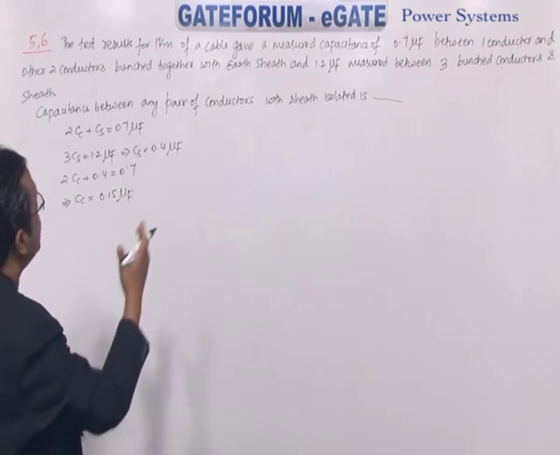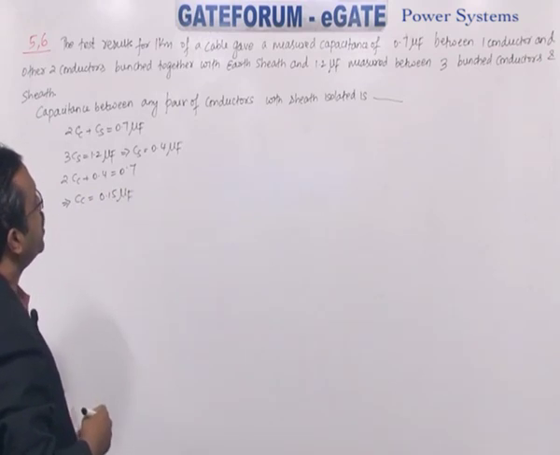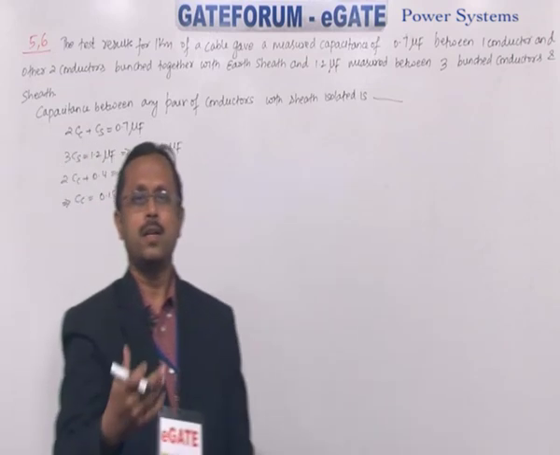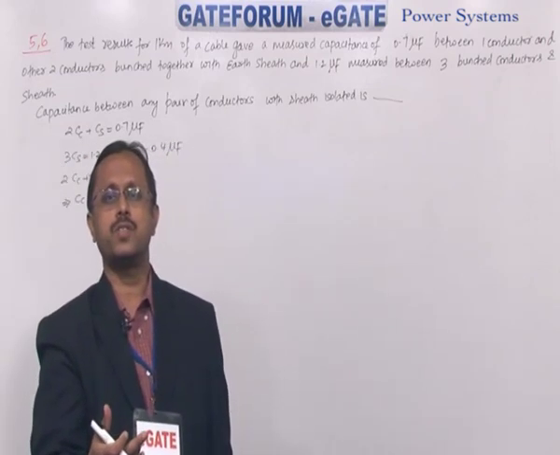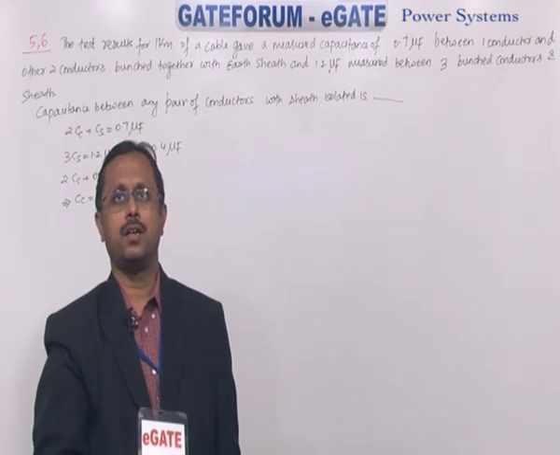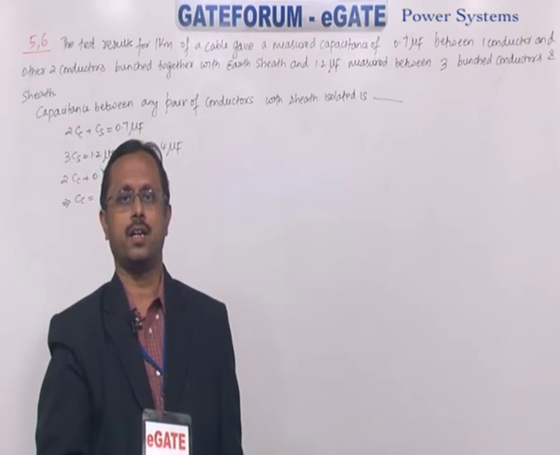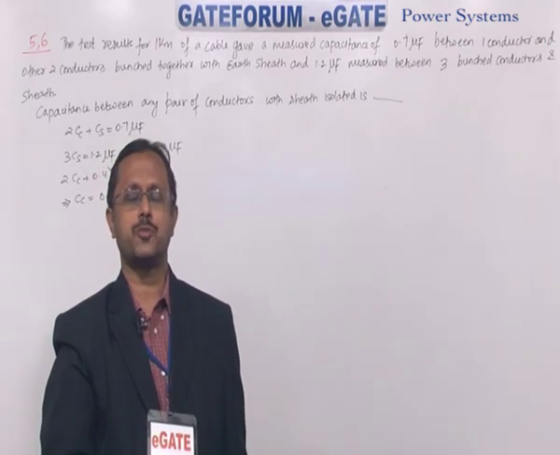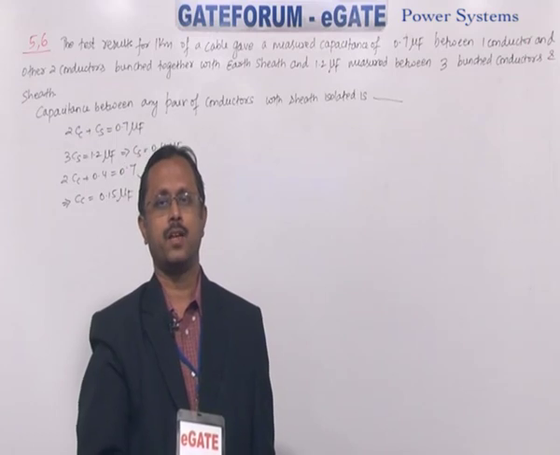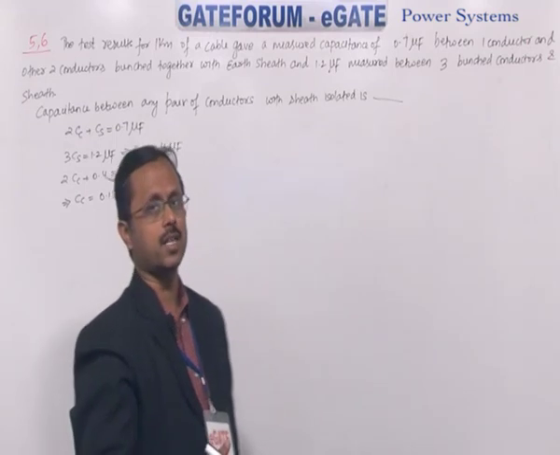And now you want capacitance between any pair of conductors with sheath isolated. Any pair of conductors means condition 1. In condition 1, we have calculated equivalent capacitance between R phase and Y phase conductors. Here we want to calculate between some pair of conductors.